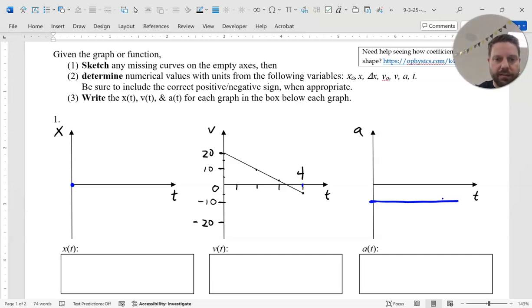But I do know because this is 20 meters per second on the y-intercept right here, and the y-intercept is going to give me my initial value for velocity, which is v naught, then I know that's going to be equal to 20. So that's going to appear then as a positive tilt on my position time graph, right? Because a positive velocity of 20 corresponds to a positive tilt initially here.